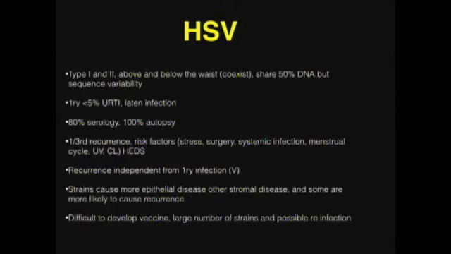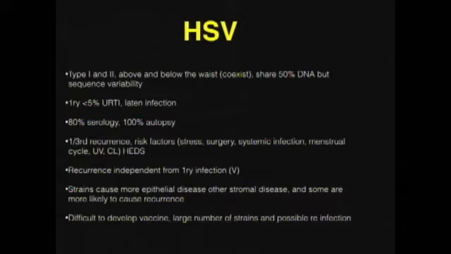Not only that, there is more than one strain, and the same ganglion can be reinfected with other strains. Some strains will cause more epithelial keratitis, and other strains will cause more stromal keratitis, and some strains will be resistant to certain antivirals, and others will be sensitive.